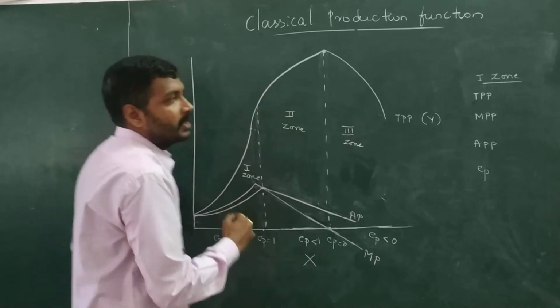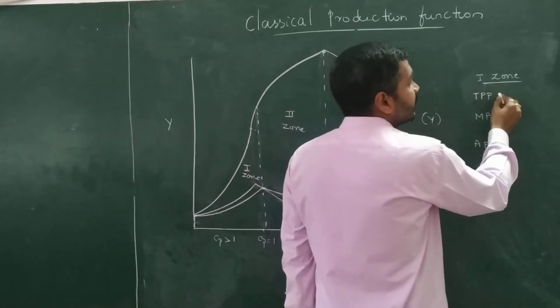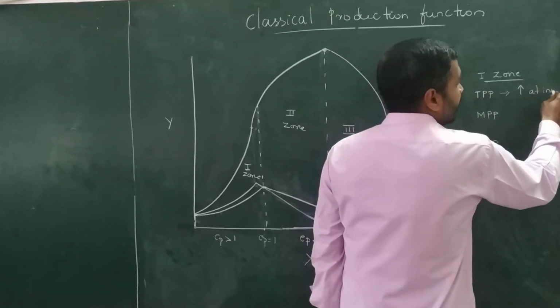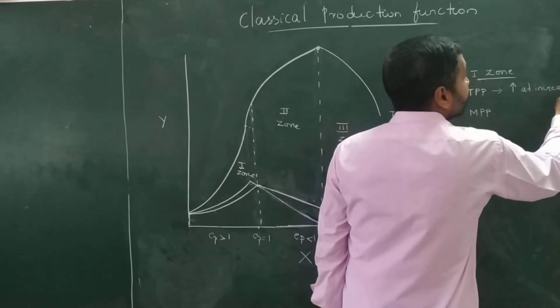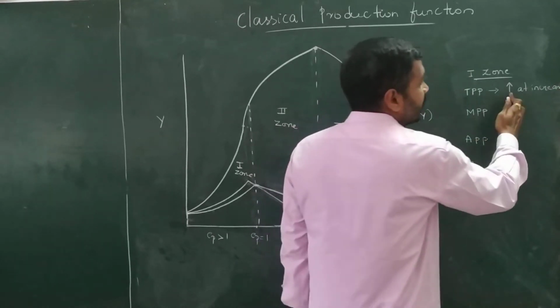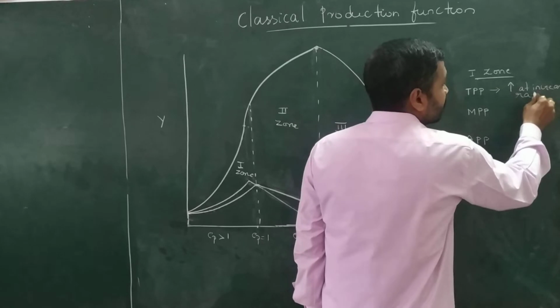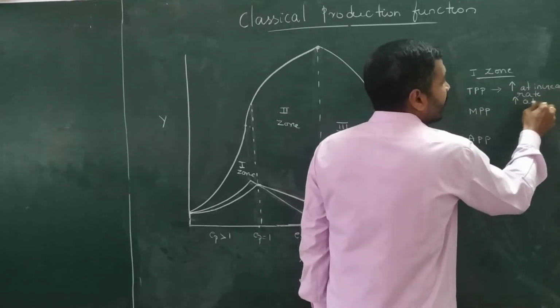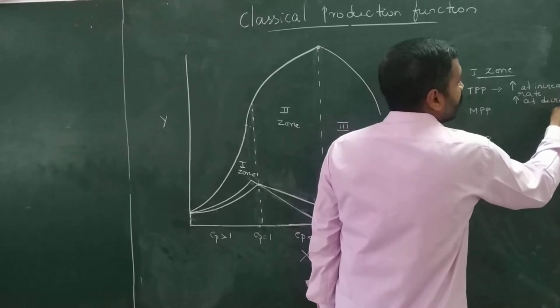This used to be the characteristics of TPP. That means for the greater portion of the first zone, it increases at increasing rate. At the end of the zone, it increases but at decreasing rate.